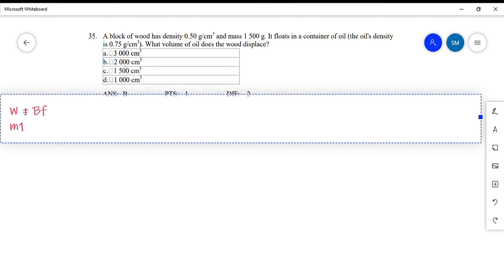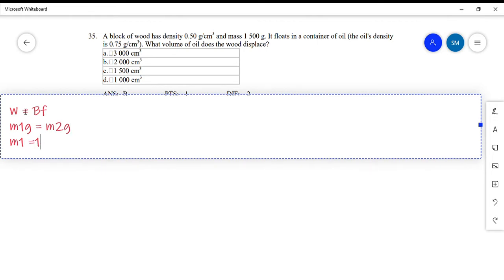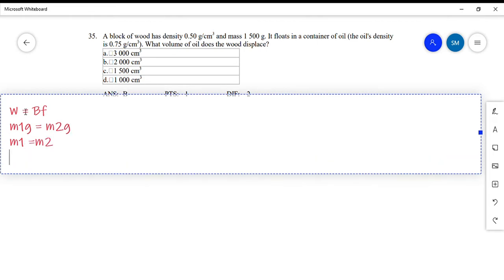Let M1 be the mass of the wood, equal to M2, which is the mass of the oil displaced by the wood. G and G cancel, we will find M1 is equal to M2. He gave us the givens. M1, which is the mass of the wood, is equal to 1,500 grams, which is equal to M2.